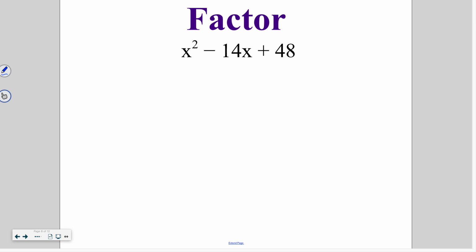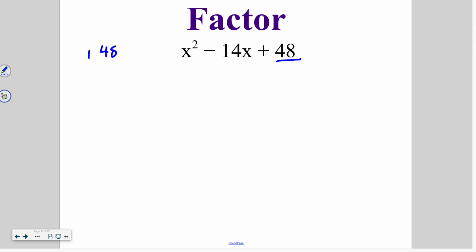Moving on to another type of trinomial, again, you want to start by seeing if they are perfect squares. You can take the square root of x squared, but not 48. Next, you're going to want to take a look and see if there is a GCF. 1, negative 14, and 48 cannot all be divided by the same thing. So since we have a leading coefficient of 1, we're going to go ahead and just look at the factors of the back number.